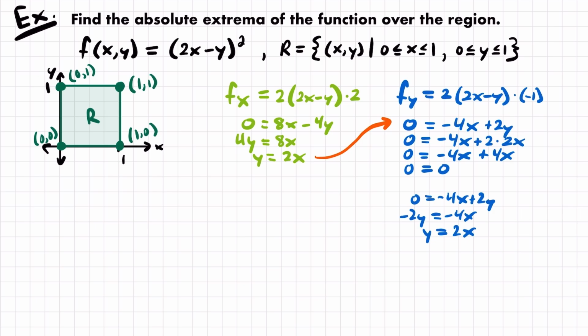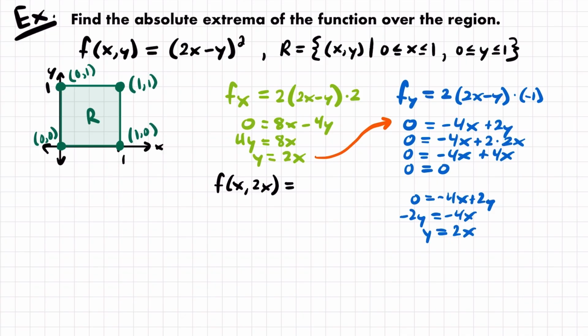Okay, but to actually be able to conclude anything about those points, we do have to know what their z-values would be when plugging them into the multivariable function. And so what we can do here is just plug in the line y equals 2x in for y in the function, and that should give us an expression that tells us what the z-values will be for those points. All right, so as a little bit of side work here, we're going to look at f of x, 2x, right? We're still keeping x as x, but then for y, we're plugging in 2x.